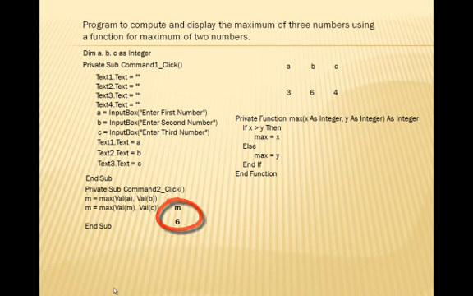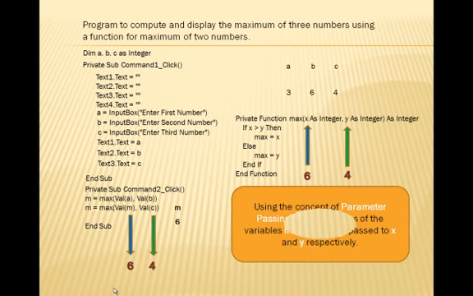Then next is another function call where we will use m and c for the input values. Again, using parameter passing by value, values of the variables m and c will be passed to x and y respectively.